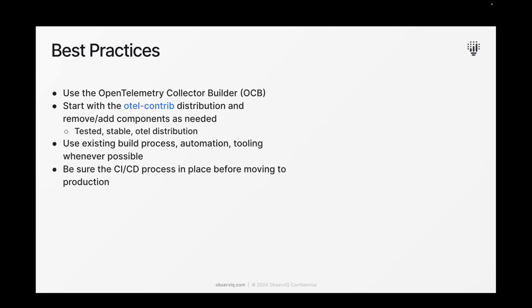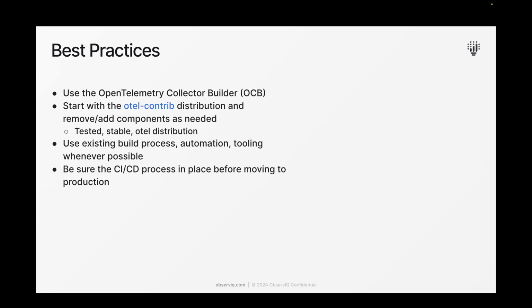I recommend starting with the OTel contrib distribution, removing components, and adding components. The reason is that the closer you can stay to existing distributions that are frequently updated and have the community behind them, the easier it's going to be to maintain a distribution going forward, to pull in changes and always have the latest.